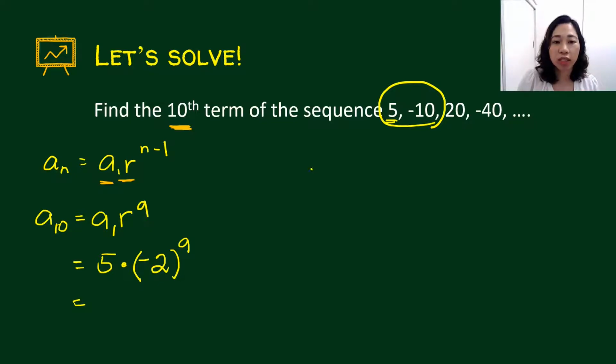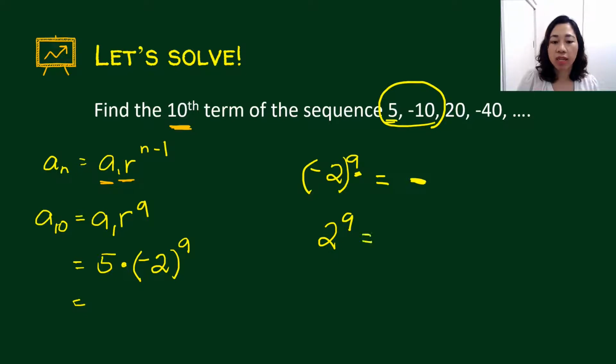First, what is the sign of negative 2 raised to 9? Since you are raising a negative number to an odd number exponent 9, the sign is negative, right? And then you just have to compute what is 2 raised to 9.